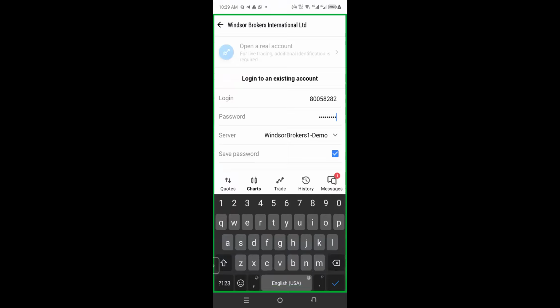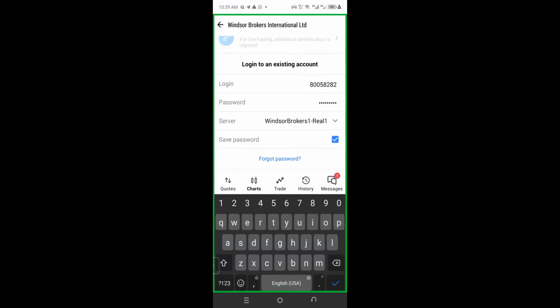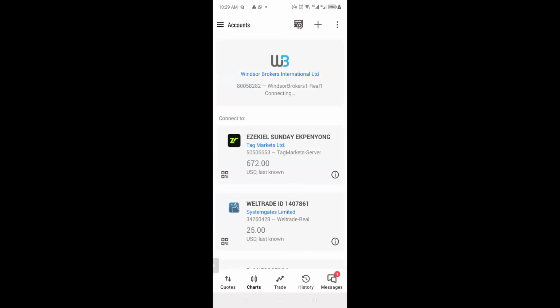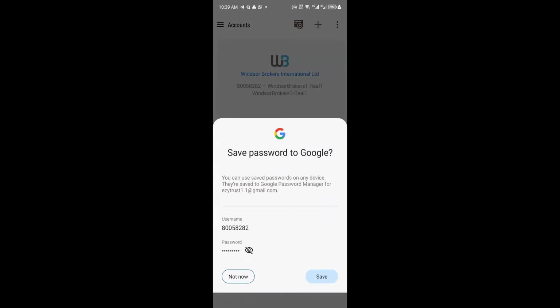That's not what I created. I created live. Live is represented as real, and they added an extension one to it. Some people make mistakes with extensions. They don't pay attention to extensions, and then they put a wrong server, and before you know it, they can't launch that particular account. So I put it here and say login. And here we go, we've logged in.